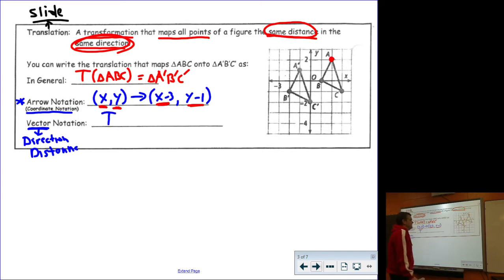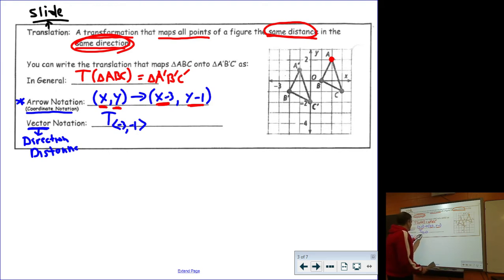We start with a T for translation, and then down here as a subscript, we have what's known as a vector. It looks like an ordered pair, but it's inside these little angle symbols instead of parentheses. And in this case, it would be a -3 and a -1. See how it looks like an ordered pair? And it actually kind of acts like an ordered pair.